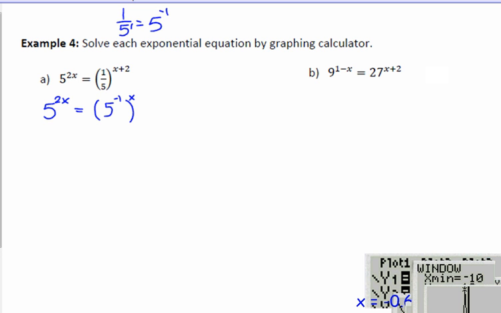Now it's our next step. A power to a power, we multiply. You could still write it like -1 times x plus 2, or you can distribute it right off the bat. So distributing it, what would it equal?